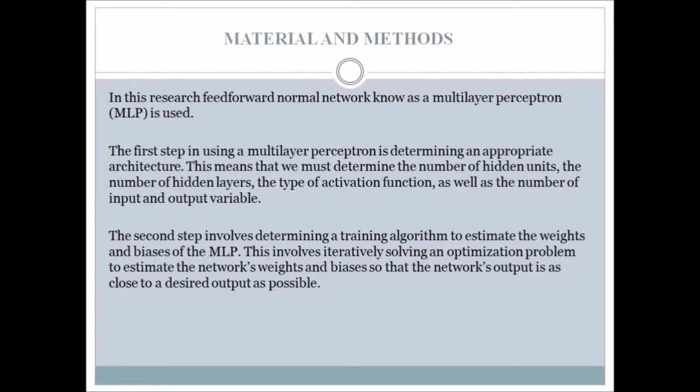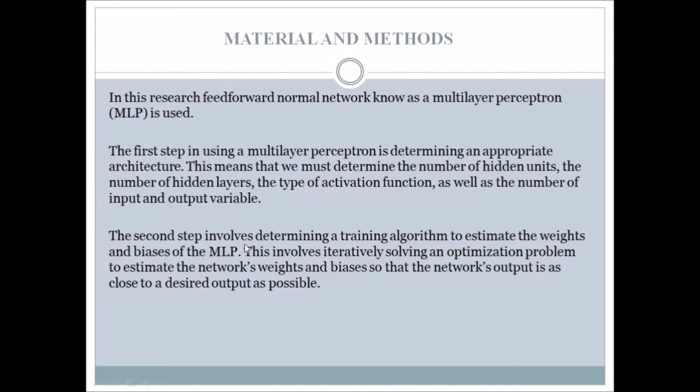Now, materials and methods. What are the materials and methods used in this very research? In this research, a feed-forward neural network known as a multilayer perceptron is used. The first step in using the multilayer perceptron is determining an appropriate architecture. This means that we must determine the number of hidden units, the number of hidden layers, the type of activation function, as well as the number of input and output variables.